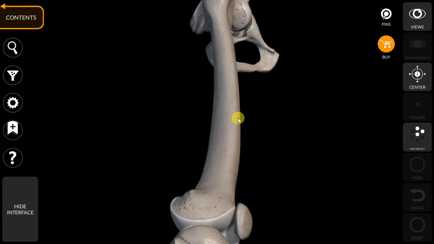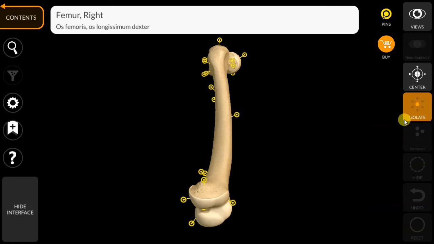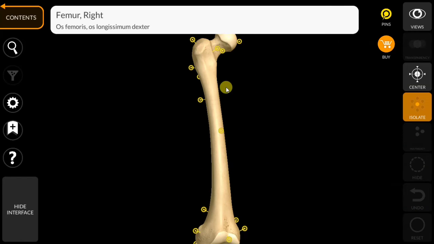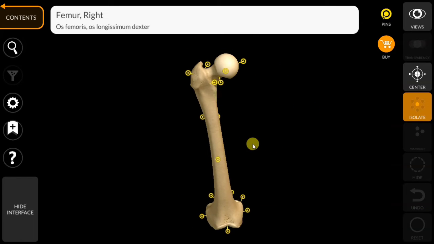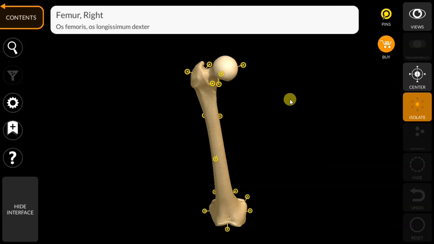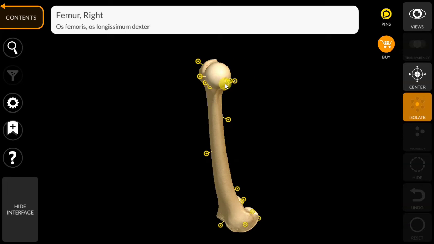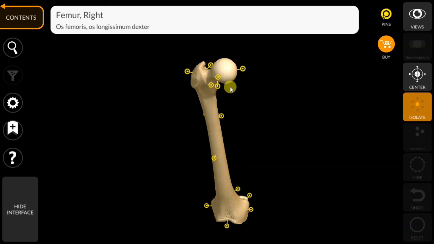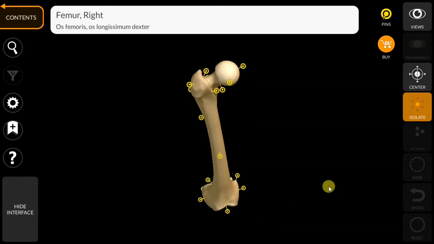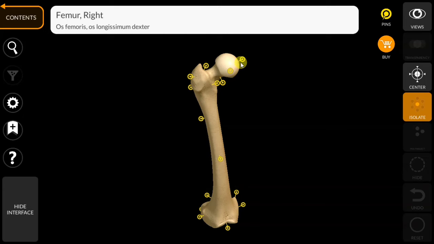Now come to the femur. We'll isolate the femur. The femur is the longest bone of the body. First of all, we'll start with the head. The femur has a head, its neck and shaft, and lower down are the two condyles. First we start with the head.